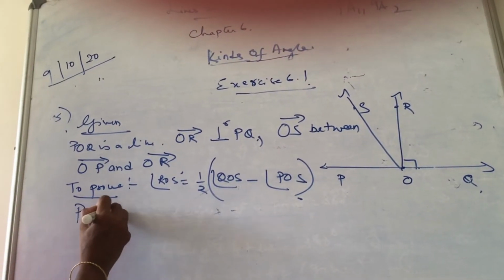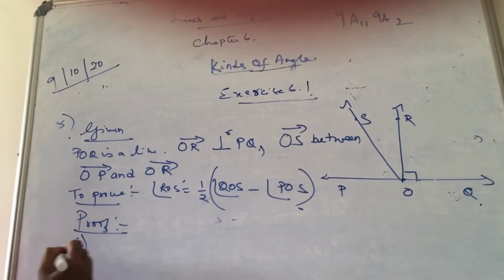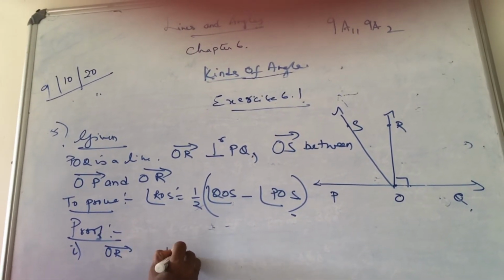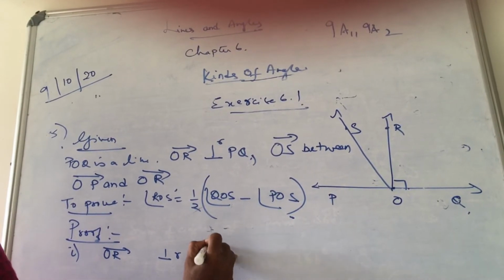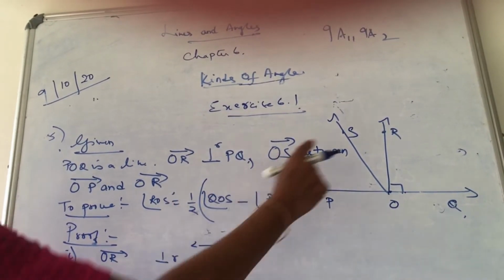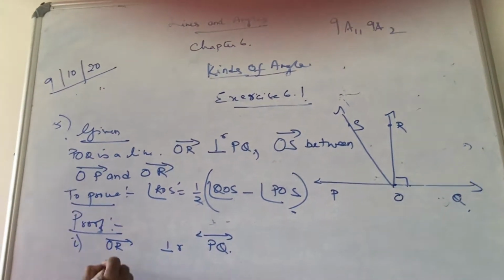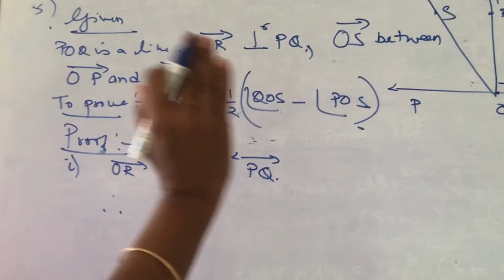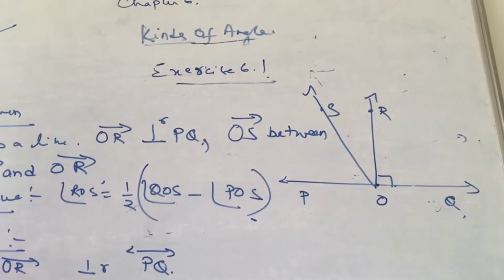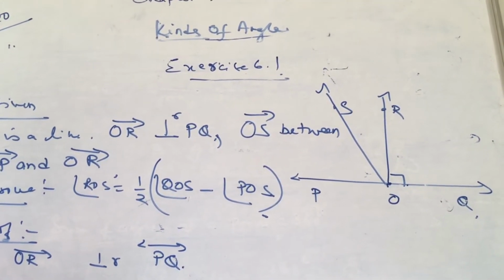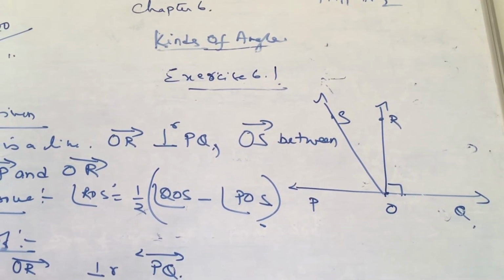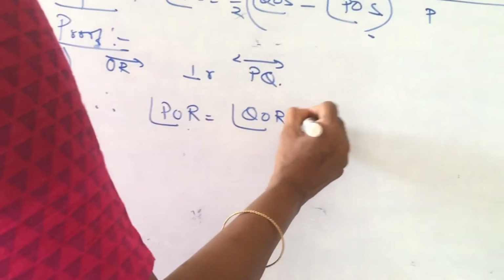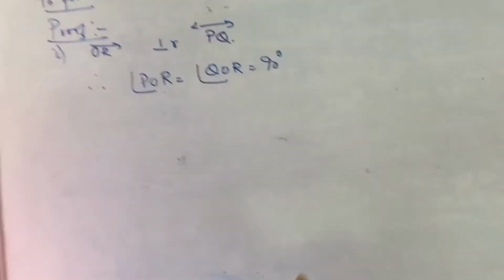Proof. Yes, first point. How is OR? The ray OR is perpendicular to PQ. When a ray is perpendicular to a line, children, it is understood that the angles on either side, angle POR is equal to angle QOR is equal to 90 degrees.